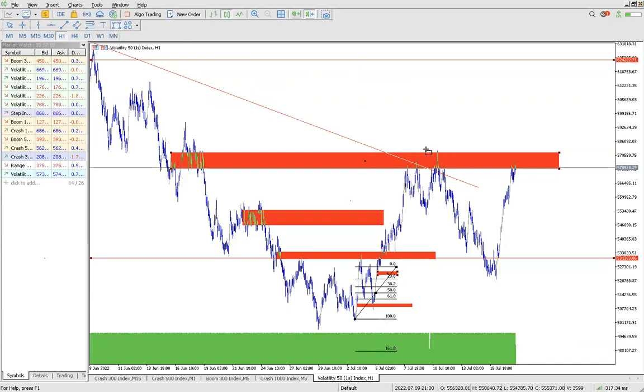If you take your two, this is a high, this is a low, right? This is a low, this is another low that's above the previous low that we had made. So for now, we are saying that V50S is going up.